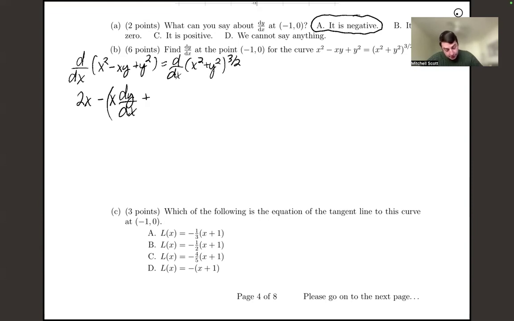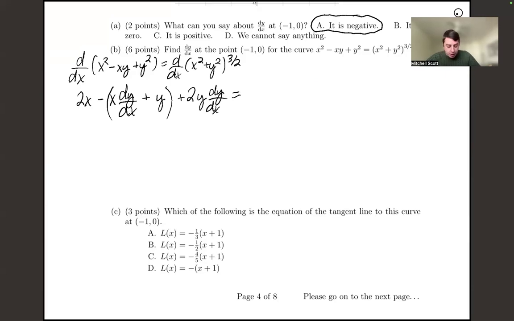plus second, y, derivative of x, which is just 1, right? And then we have plus y squared. So this is going to be 2y. And then again, y is the inside function, right? We could think of this as y of x squared. So we're going to have to chain rule it and do the derivative with respect to the inside function times the derivative of the inside function, which in our case is dy dx.